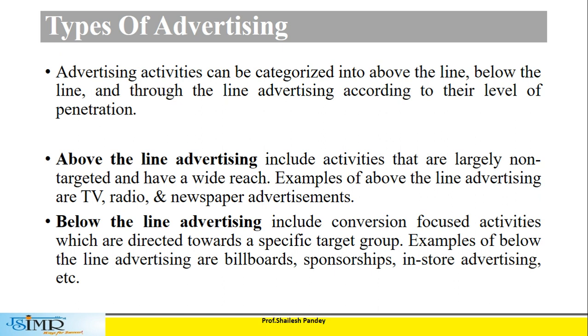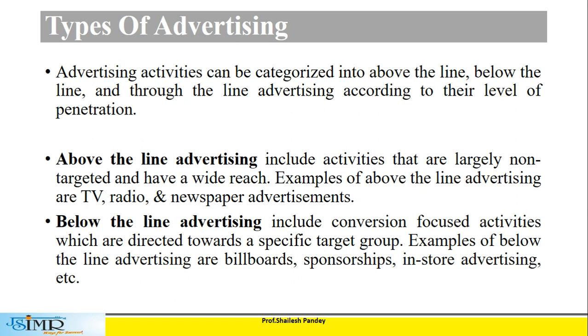What are the types of advertising? This is very important. Advertising activities can be categorized into above the line, which is also called ATL, below the line, which is also called BTL, and through the line, which is also called TTL. So we are going to understand the ATL, BTL, and TTL with some examples.